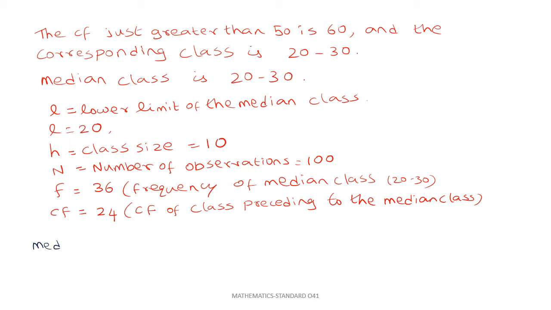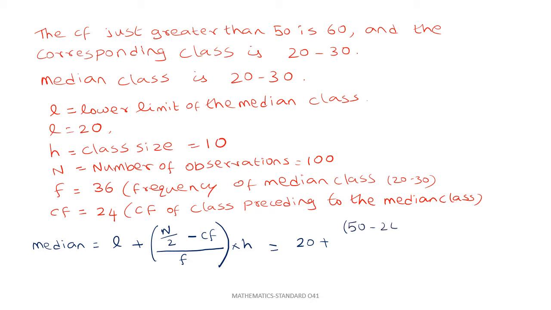So the median is L plus n by 2 minus CF divided by f, multiplied by h. Substitute all the values which we wrote already. f is 36.